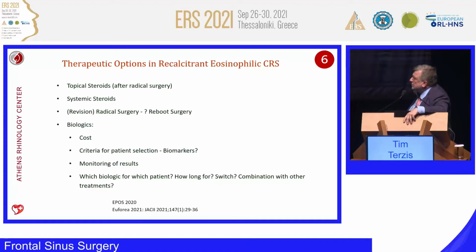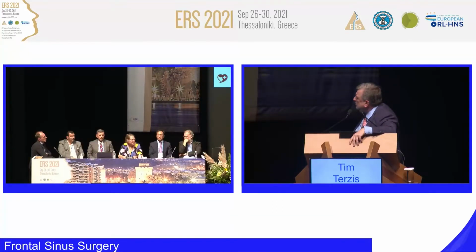I think it totally depends on your local situation. At the moment, EPOS still advises to do surgery before biological, and I still feel that's the way we should proceed because it's so terribly expensive. And we know a lot of patients will do well.